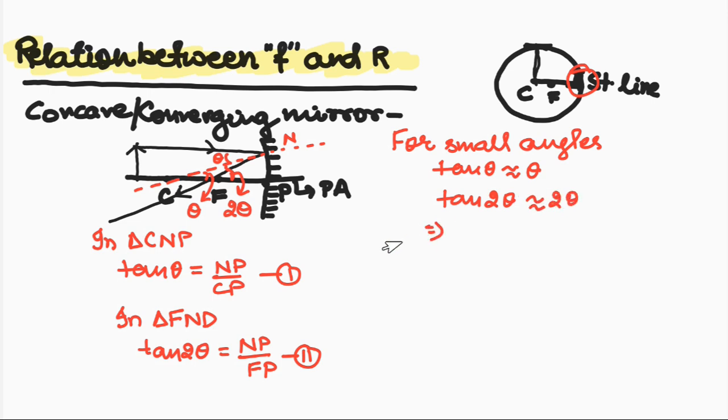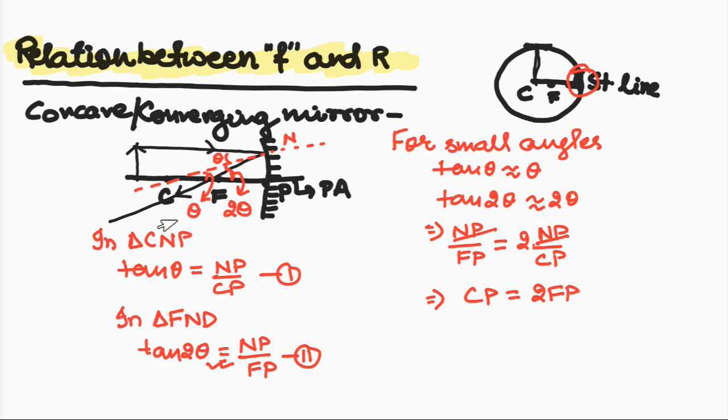Now tan 2 theta we have already found in equation 2, so it can be substituted: NP upon FP equals 2 multiplied by theta, which is tan theta, and from equation 1 we know it as NP upon CP. So we can write NP upon FP equals 2 times NP upon CP. This NP and NP get cancelled, so we are left with CP equals twice FP.